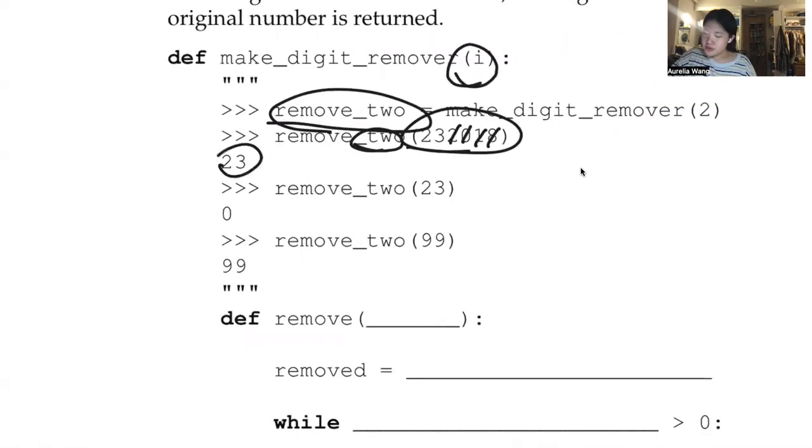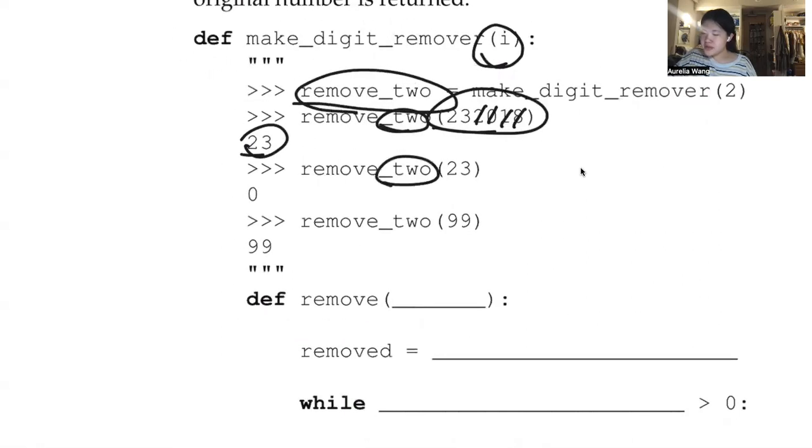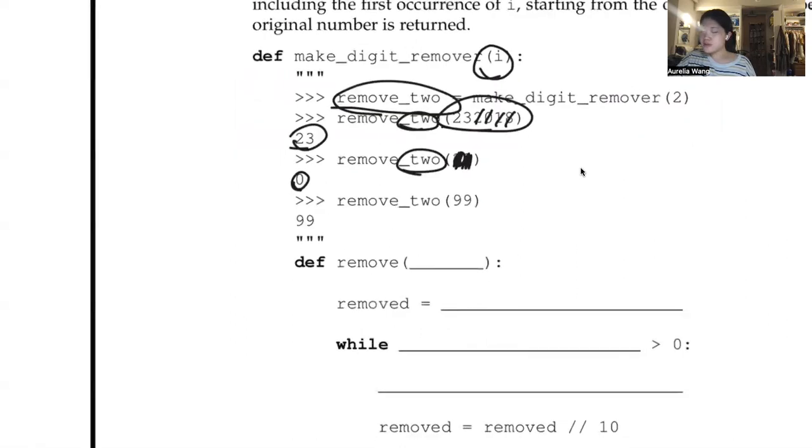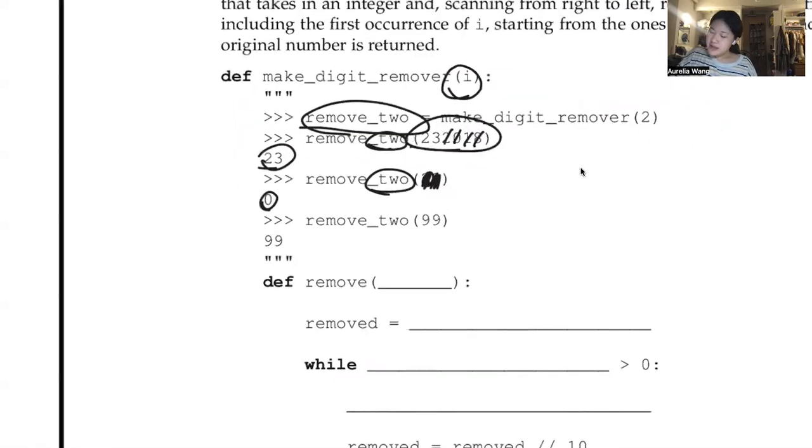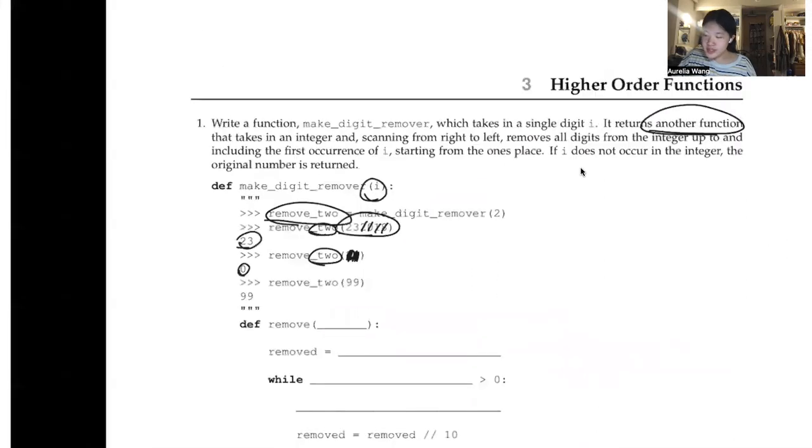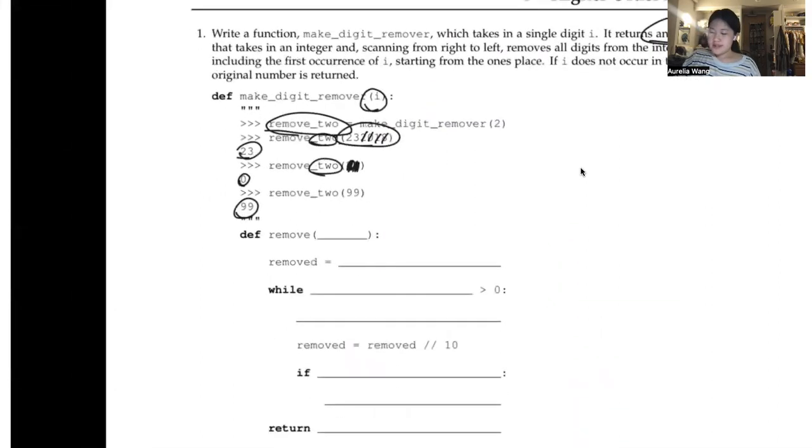So this is going to return 23, and remove2 here, because we're removing everything up to and including 2, is just going to return a 0. Finally, if it's not in the number, then we can just return the original number as stated in the spec.